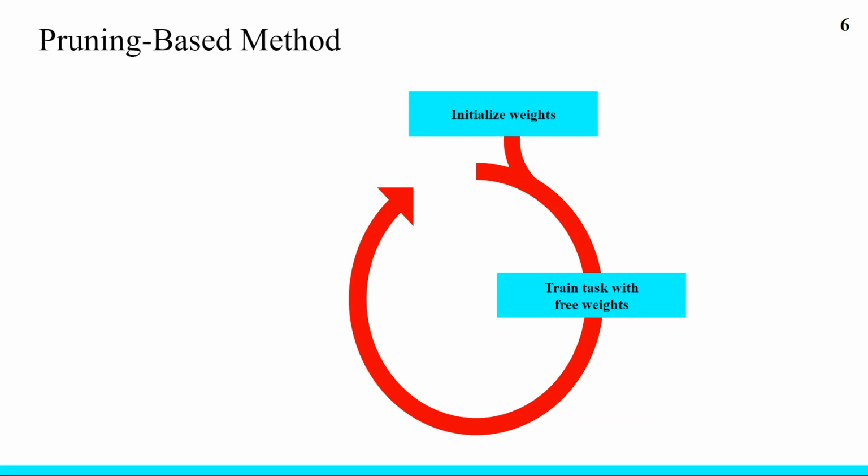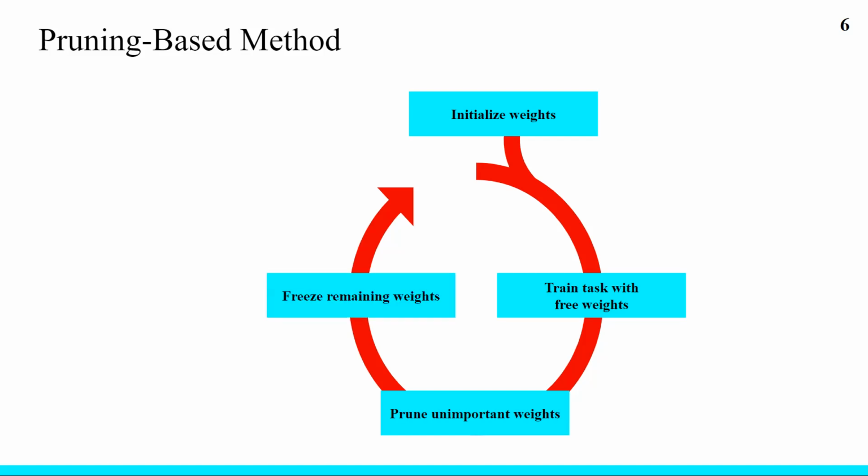Initially, that will be all of them. And you train those weights to learn information about the new task before identifying any unimportant weights and setting them back to 0, or pruning them, so that they're free to be used for any future task learning. You then freeze any of the remaining weights that were deemed to be important, and those are your knowledge that is being preserved going forward.